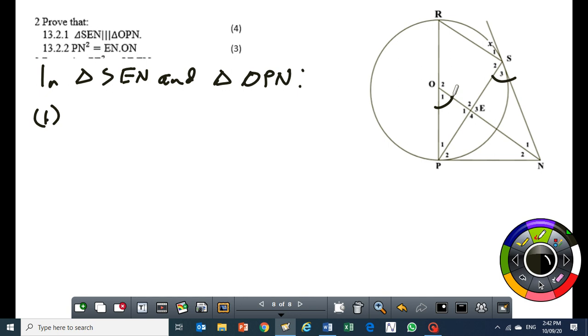Who told you that OPNS is a cyclic quad? You can only do that if OPNS is a cyclic quad, or you have to prove that it's a cyclic quad. First, you prove that it's cyclic, then that's when you can say, therefore O1 is equal to S3, converse angles in the same segment, or whichever the case you write it.